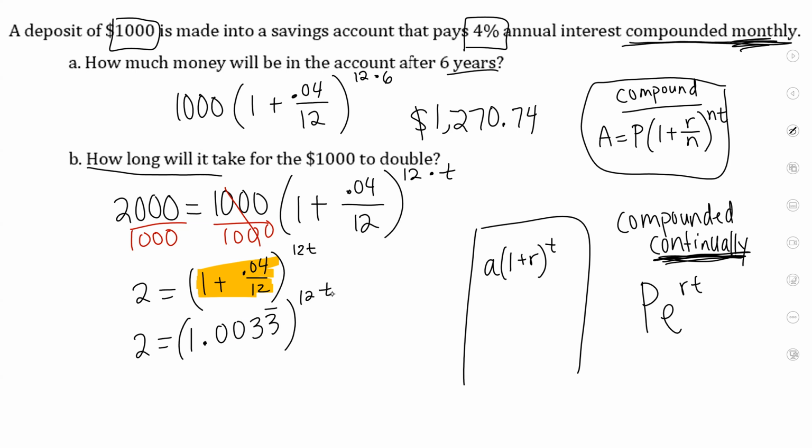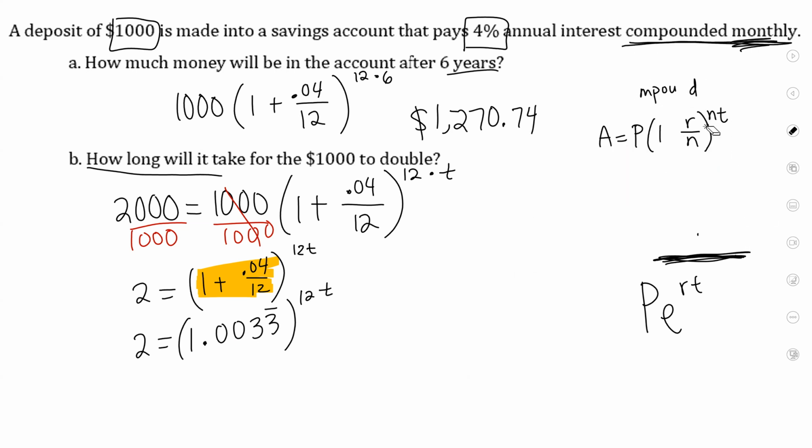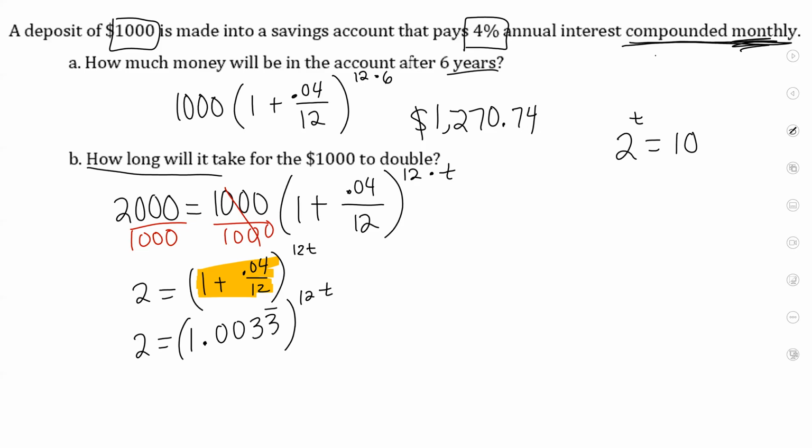Now, let me remind you of something that we did the other day, when we were solving these, we would take the log of base 2 and log base 2, and this would cancel out, leaving you just with t equals log base 2 of 10. And then you would put that in the calculator.